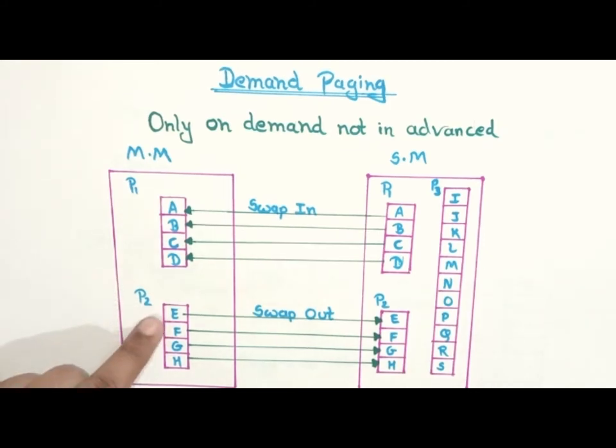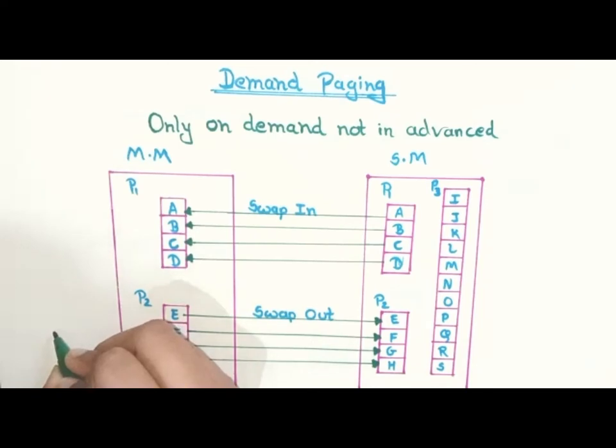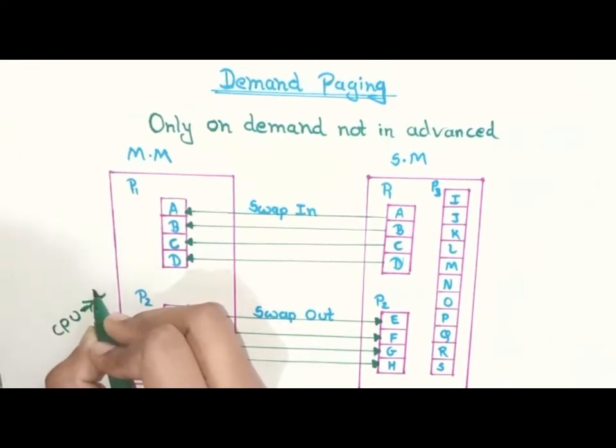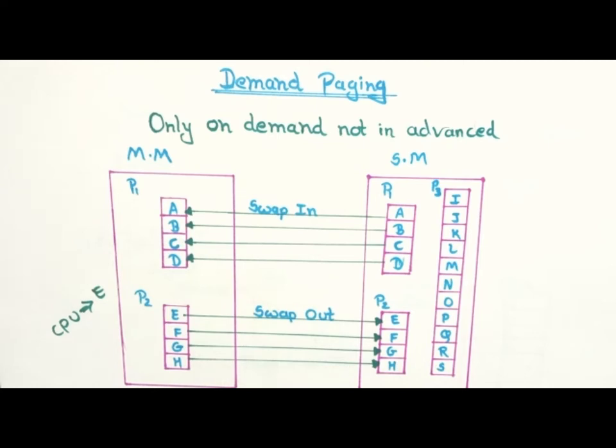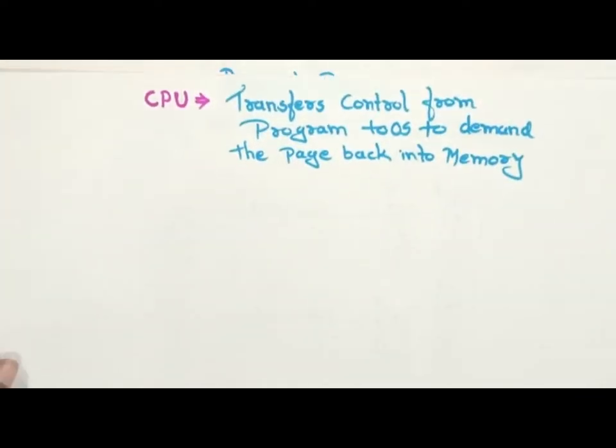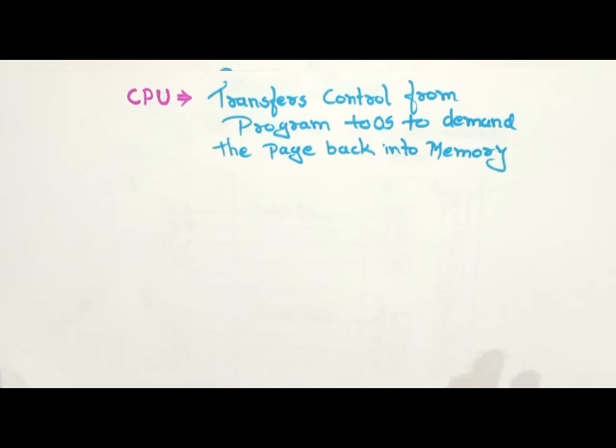Suppose I want page E, which is not available in the main memory because it was swapped out, but the CPU is demanding page E. Then the process treats this invalid reference as a page fault. If the page is not present in the main memory, then we call it a page fault.